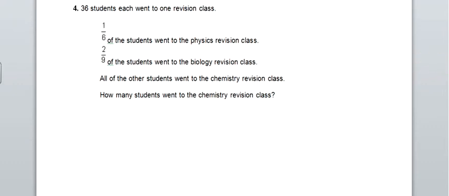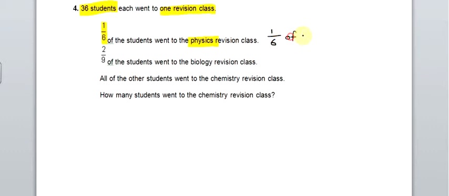Question 4. This is the sort of question that intimidates a lot of people because it's very wordy, so I'm just going to go through it bit by bit and see what I can do. So first of all, it tells me there's 36 students going to one revision class. Now 1/6 of the students went to physics. So before I go any further, I'm just going to do the obvious thing, which is to work out 1/6 of the students.